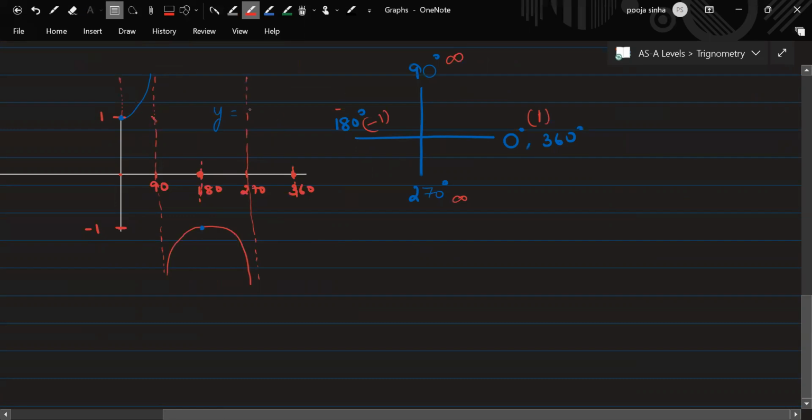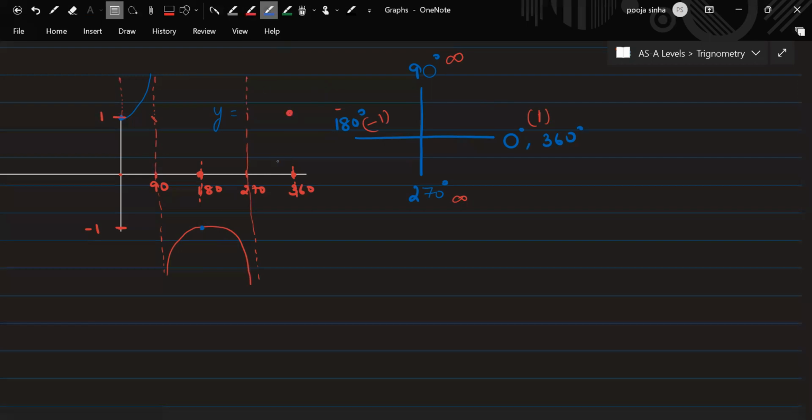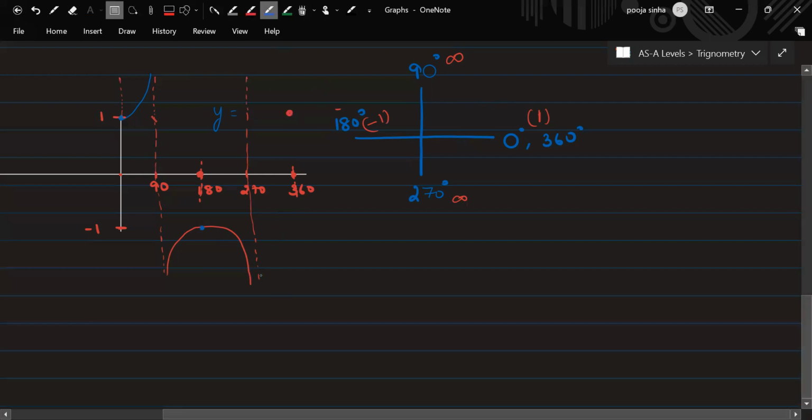So is it negative or positive infinity? It will always be from the positive side. What do you mean by positive side? Whether the graph is above or below. When it was -1 we came down, when it is 1 we will go up. So at 360 the 1 is here, and it will come like this.